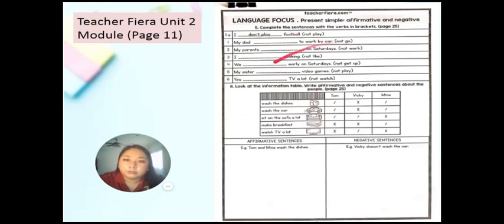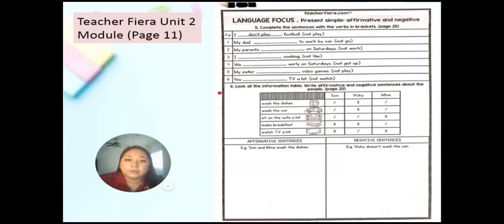Okay, number 1 we have not go, not work. Number 2, number 3 not like, not get up. For number 4, and then number 5 not play, and number 6 not watch. So for sentence 1 until 6, all these sentences are negative sentences. So put in correctly, read carefully, baca dengan teliti, bukan nak cepat siap sahaja.